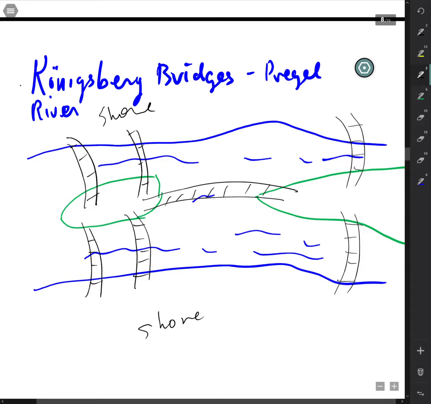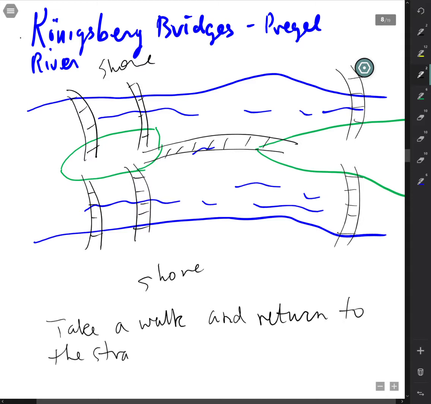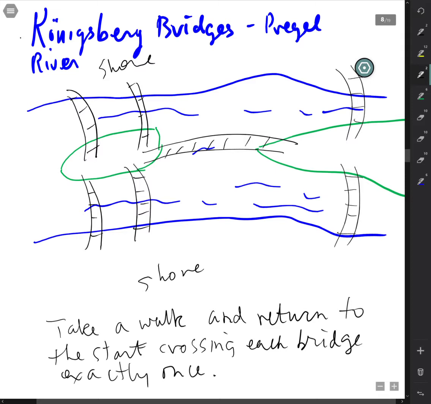So the question was, can one take a walk and return to where you started, crossing each bridge exactly once? So can you do that? Is this possible?